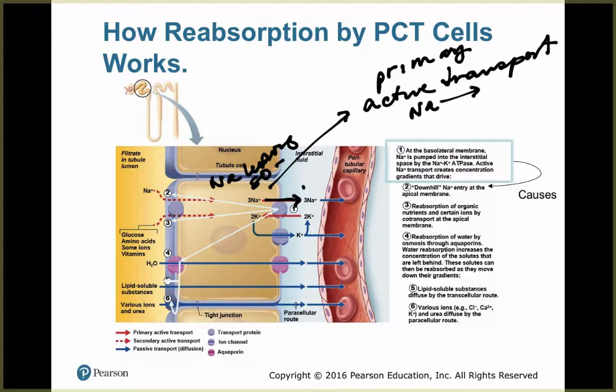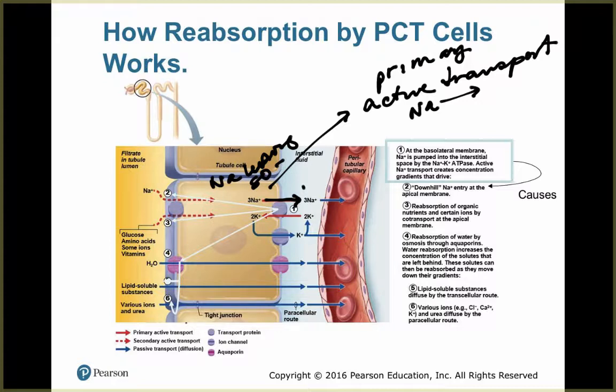Because you get a negative charge, it's allowing the cells on the inside to pull sodium in as well.